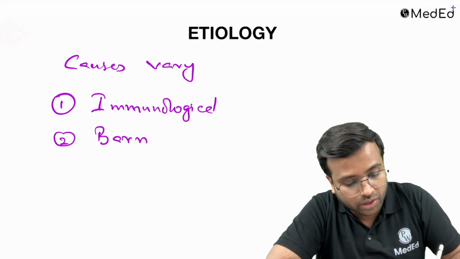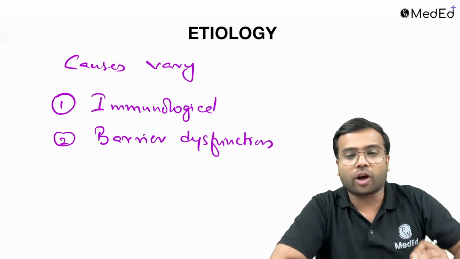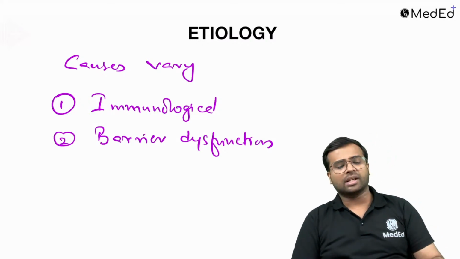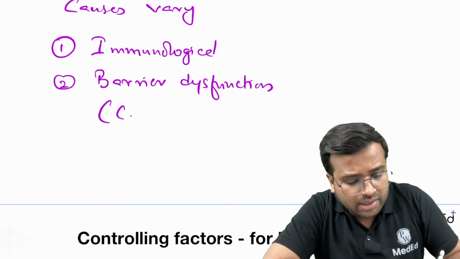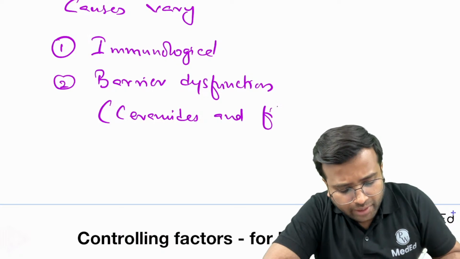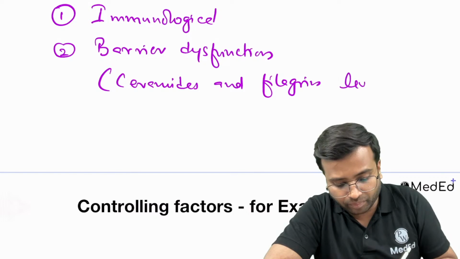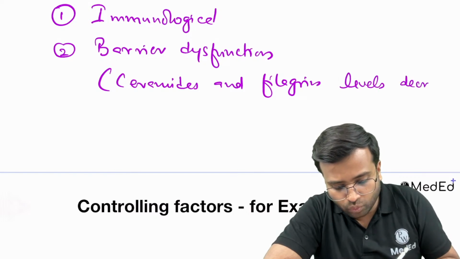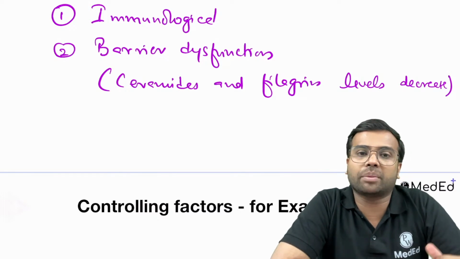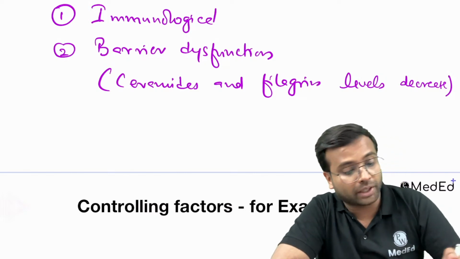The second one is going to be due to a barrier dysfunction. When I talk about a barrier dysfunction, what usually happens in atopic dermatitis is that the levels of ceramides as well as filaggrin may decrease, which can lead to dry skin, and ultimately the patient can have some pruritus and may complain of symptoms of atopic dermatitis.